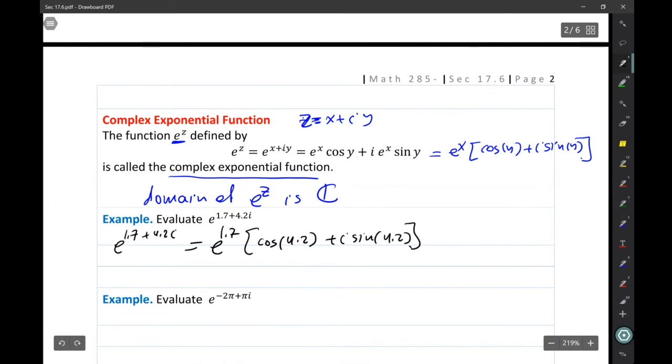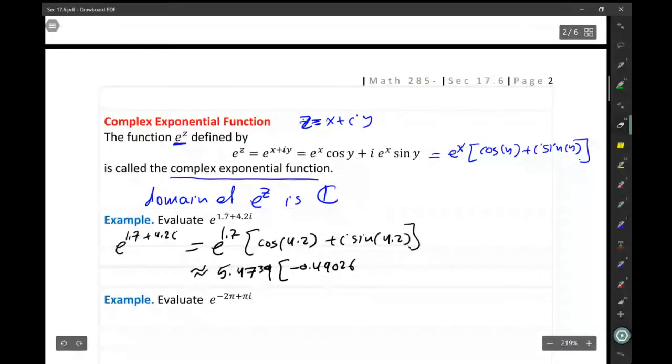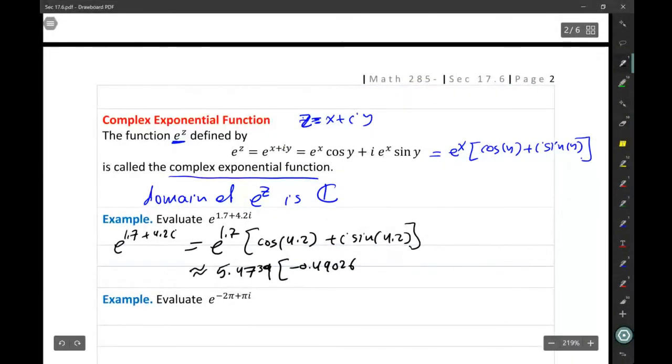Then I have to do the calculation by using the calculator, which is approximately e to the power 1.7, approximately 5.4739, times cosine 4.2, which is approximately minus 0.49026, plus sine 4.2, which is equal to minus i times 0.87158.